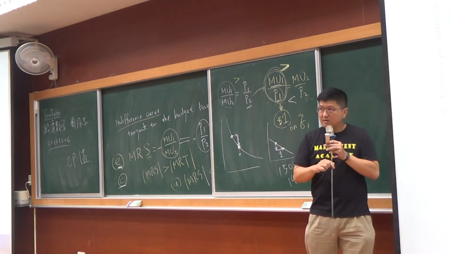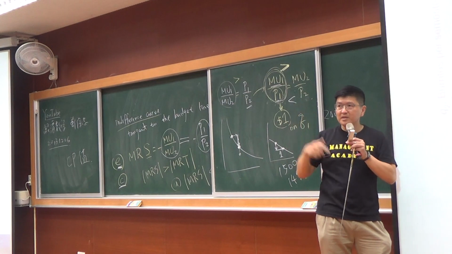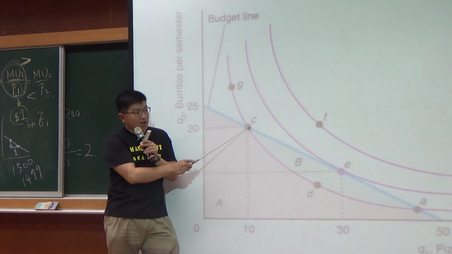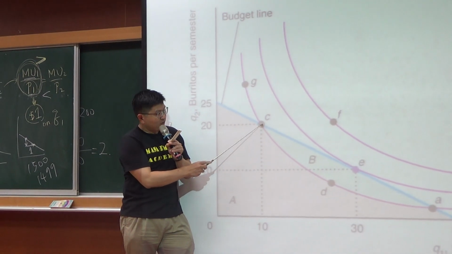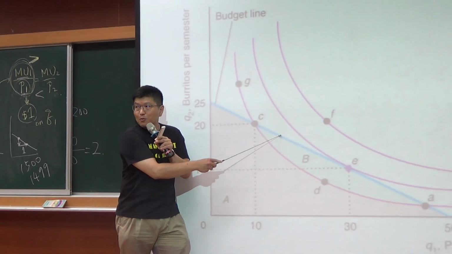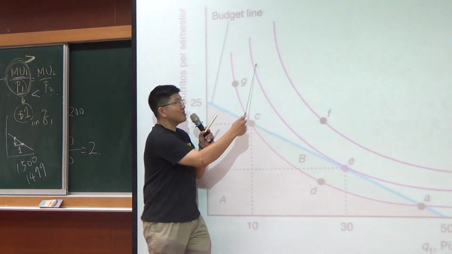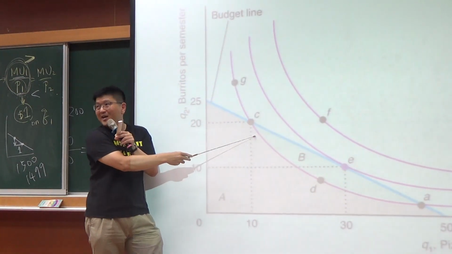So pay attention to me here. For point C, if we move along the budget line, can we be better off? Of course, because this is the better set, right?